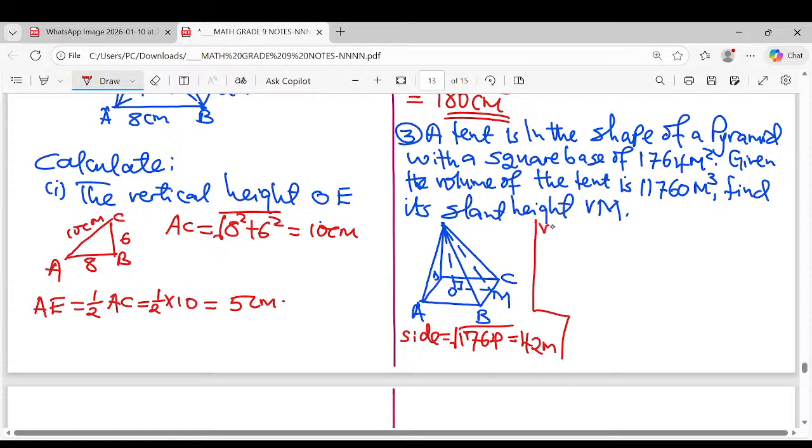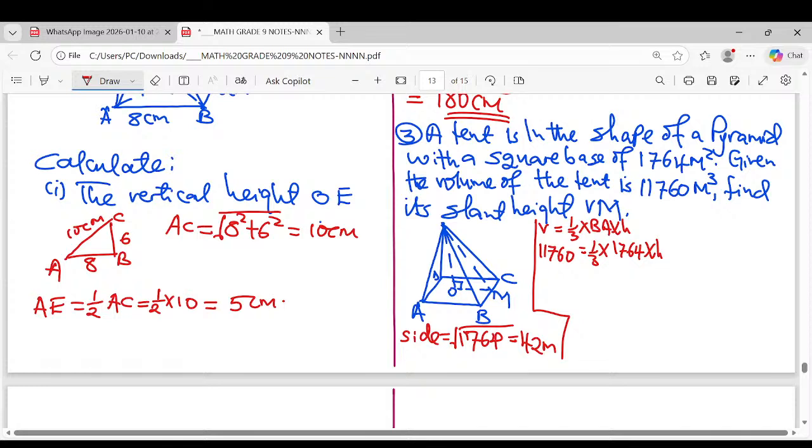Then also we can get the height. Remember, the volume is given by a third times base area times height. So the volume, which is 11,760, is equal to a third multiplied by the base area of 1764 multiplied by the height h.